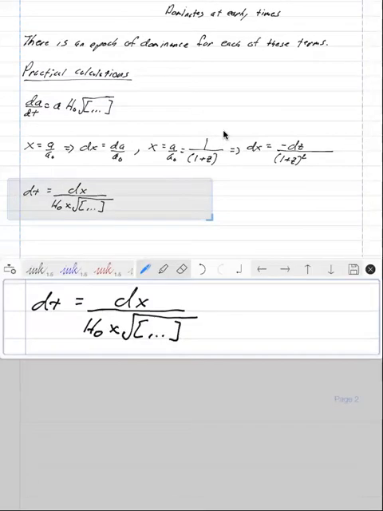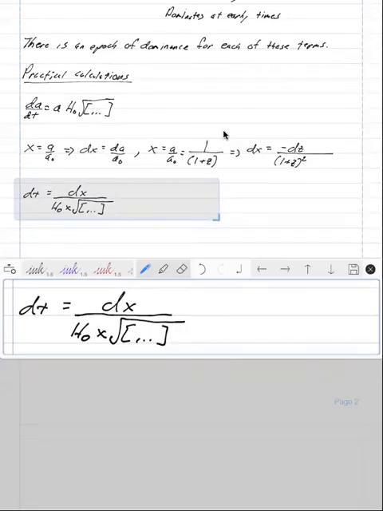And so now this infinitesimal displacement in time, dt, is written in terms of a dimensionless displacement in this variable x, and then the 1 over H naught gives it the units.